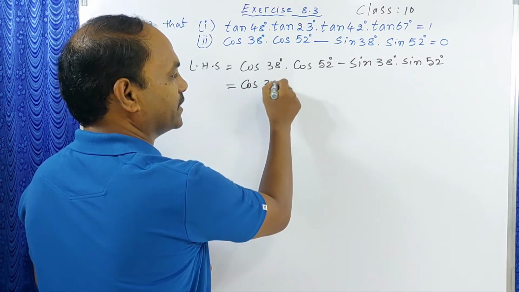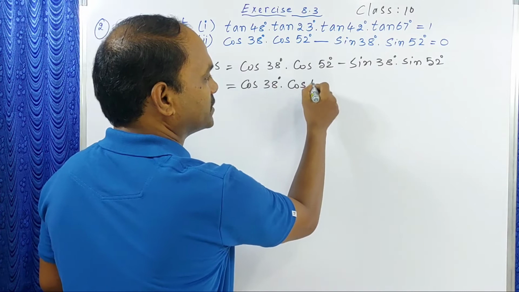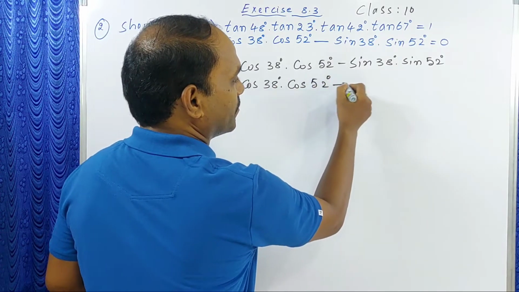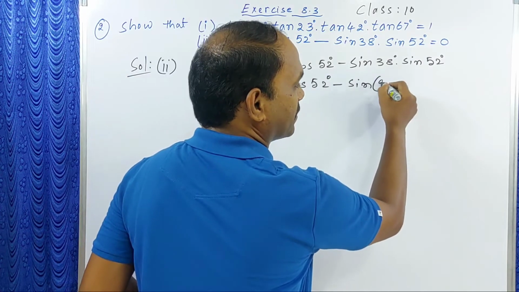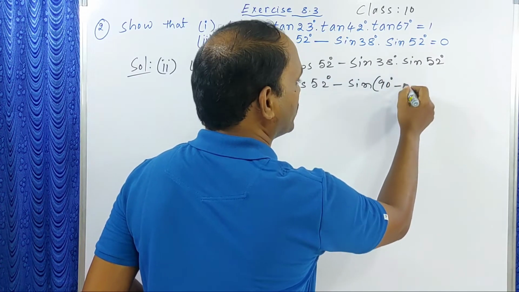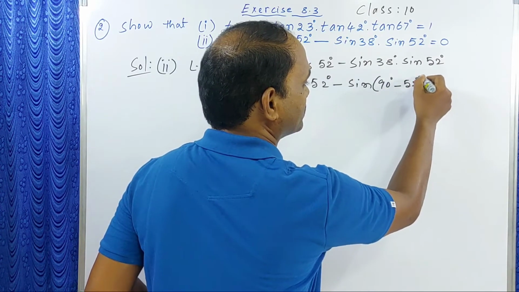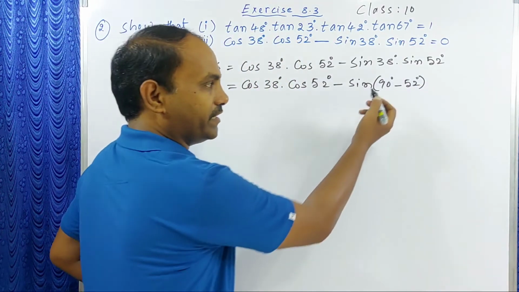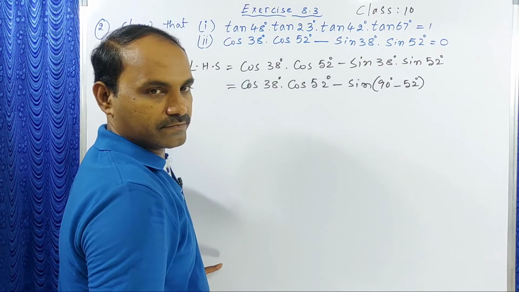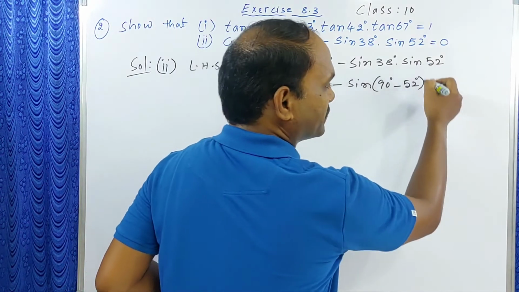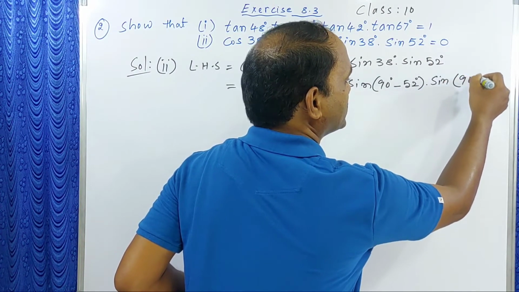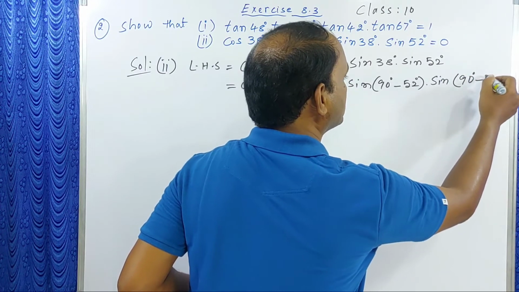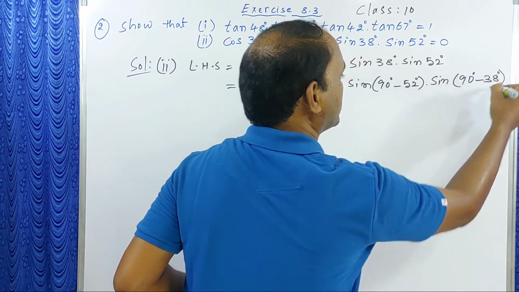Cos 38 degrees into cos 52 degrees minus sin 38 can be written as 90 minus 52 degrees. 90 minus 52 is 38.